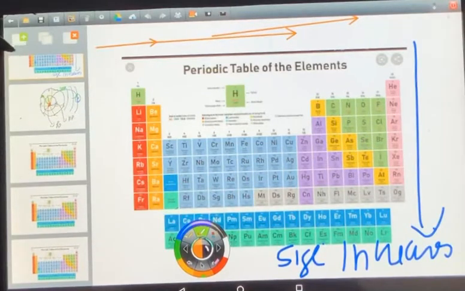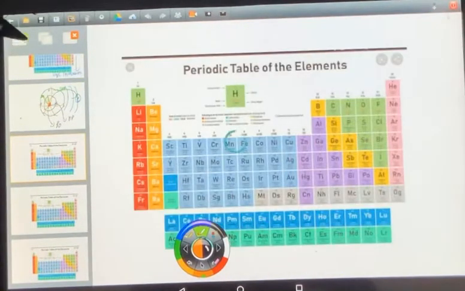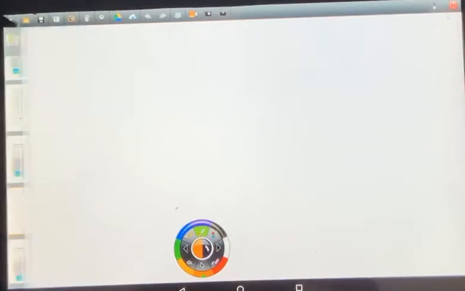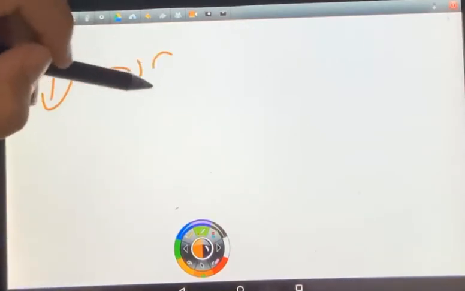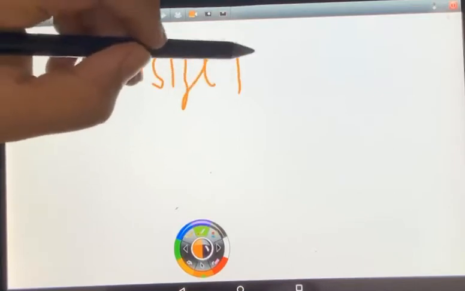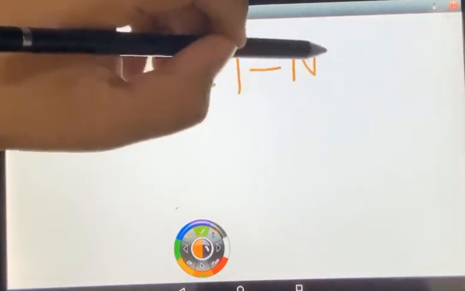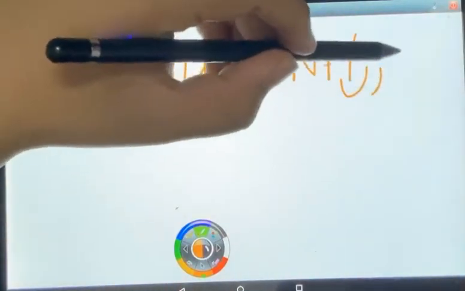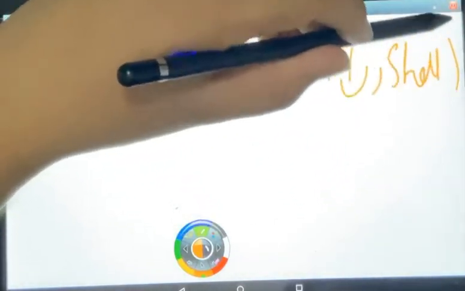So what we can conclude here is, down the group the size increases because the nuclear force decreases and the shell is also increasing.